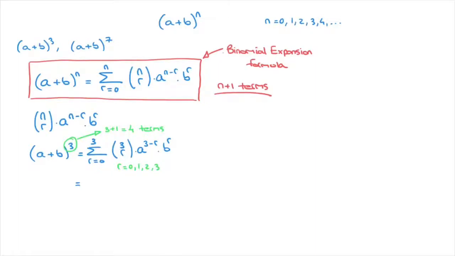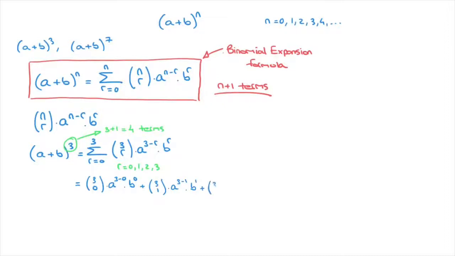For r = 0, the expression becomes 3C0 times a^(3-0) times b^0. We add on to that the case when r = 1. So that would be 3C1 times a^(3-1) times b^1. We add on the case when r = 2.